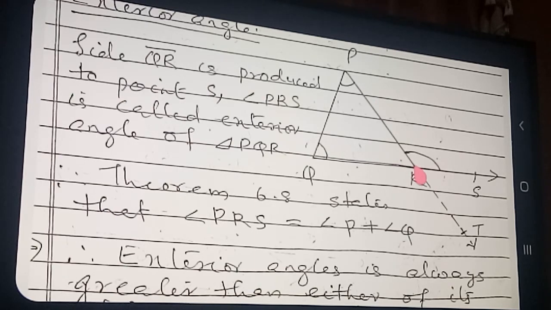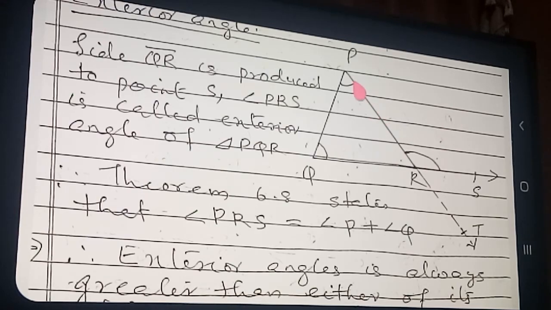So at point R you get two exterior angles. Here also you will get two, and here also two. Total, how many exterior angles for a triangle? Six. One vertex, how many exterior angles are forming? Two. So each vertex has two, and in total six exterior angles are forming.